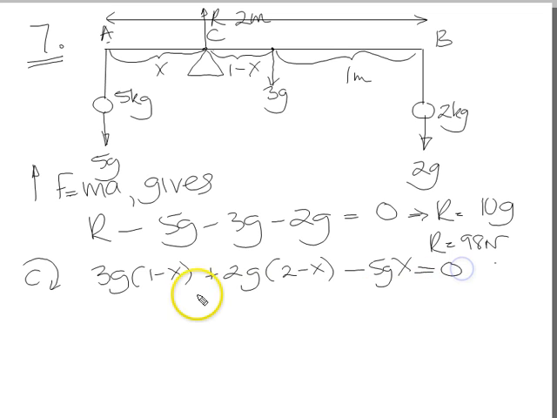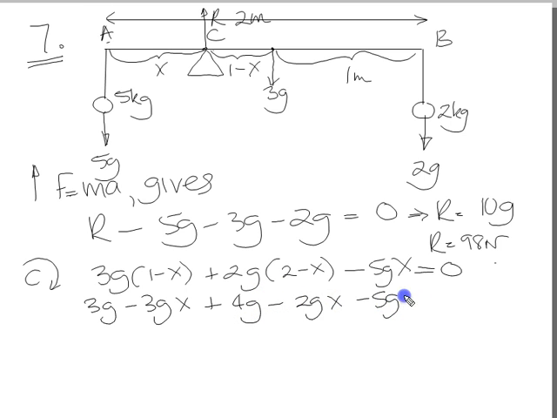So there's your moments. So what have we got? Let's expand the bracket then. We've got 3g minus 3gx plus 4g minus 2gx minus 5gx equals 0. So are we all happy that that's 7g? There's a g all the way through, so the g's can cancel.